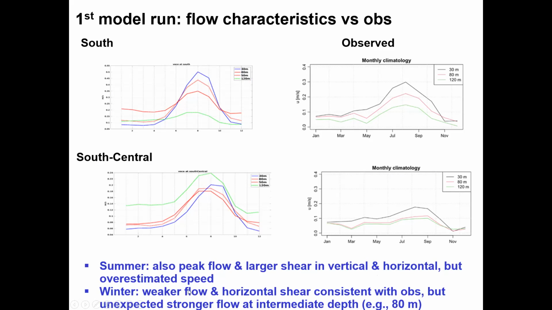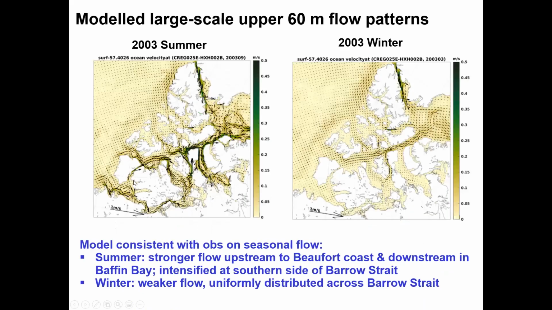In winter, there's a weaker flow and horizontal shear consistent with observation, but a stronger flow at intermediate depth, at 8 meter depth. And this is for our first run. We tried several ways, and we need to understand this model and why there is this difference in summer or winter.